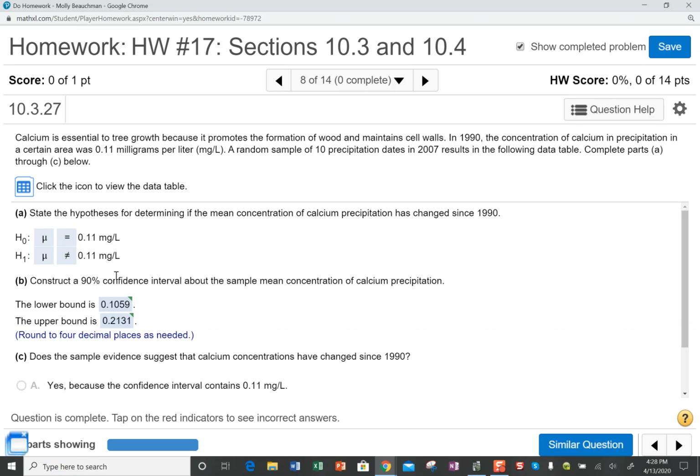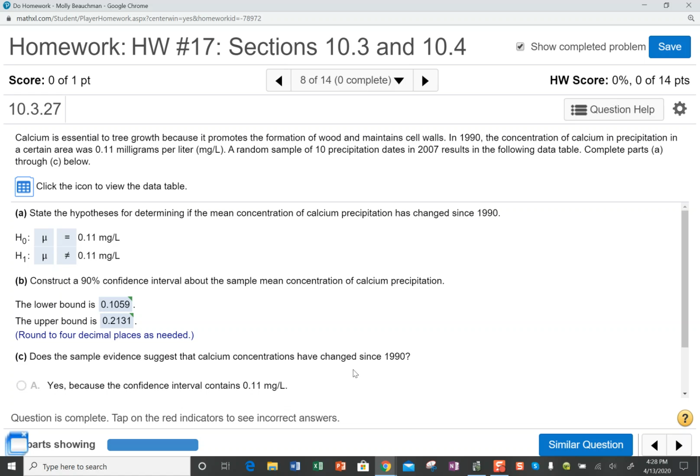So you check and see, is your null hypothesis in there? Yes, it is. 0.11 is in between that interval. So that means that since the null hypothesis is contained in the confidence interval, the calcium concentrations have not changed.